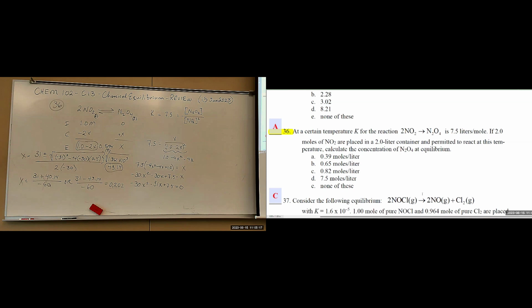Let's see, 30x squared minus 31x plus 7.5. Okay, so I got the quadratic right. Then I had to solve the quadratic. 31 plus or minus 31 squared, minus 4 times 30 times 7.5, divided by 60. Now, a is a negative, so that needs to be a negative down here.